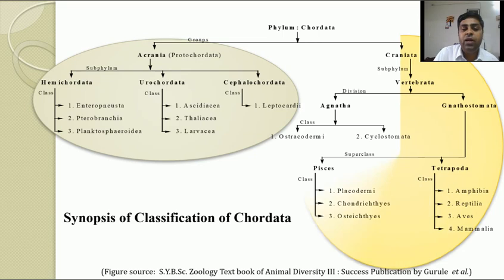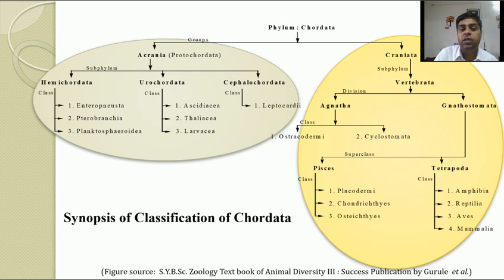While the second group of this phylum chordata is the craniata group, which is the well elaborated group of the animals belonging to this phylum, and they are referred to as craniata because of the well marked cephalization in these animals. Cephalization in the sense they are provided with a head, or the presence of cranium. They are also referred to as euchordata.